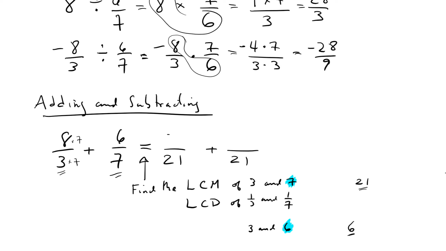So 8 times 7, 56. And here I need to multiply both numbers by 3. And now I have common denominators, 21 and 21. Now I can add the numerators. That's possible now. So 56 plus 18, so that's 74 over 21. And that's my final answer.